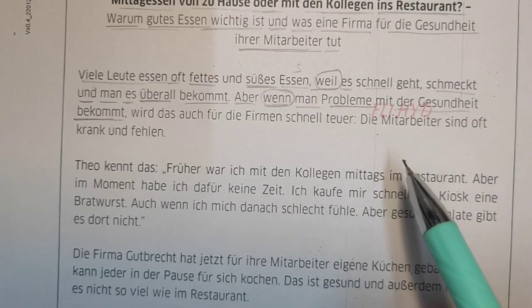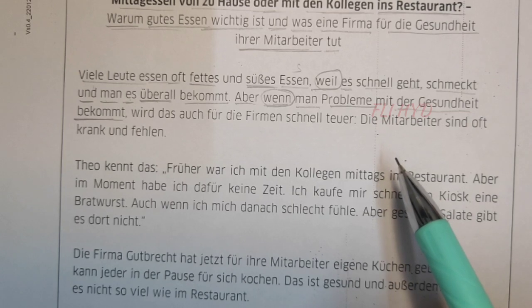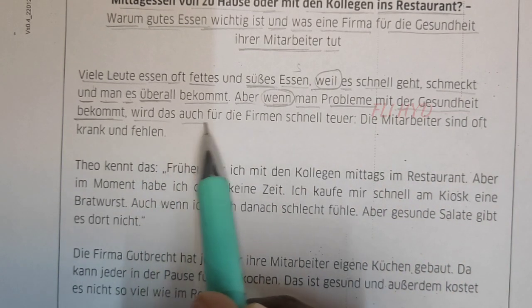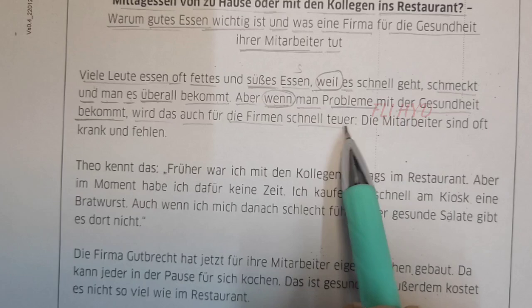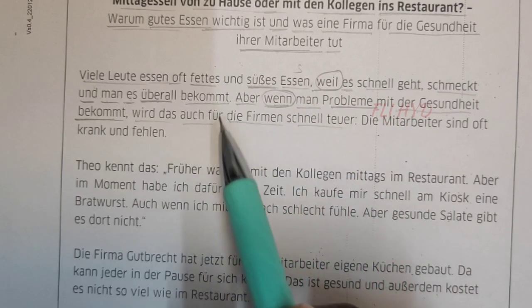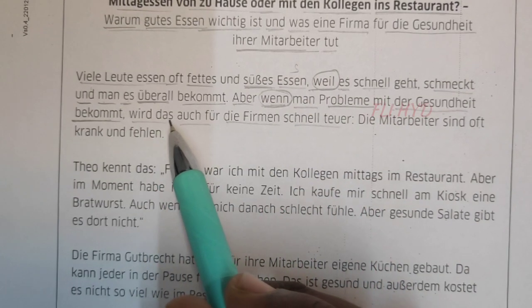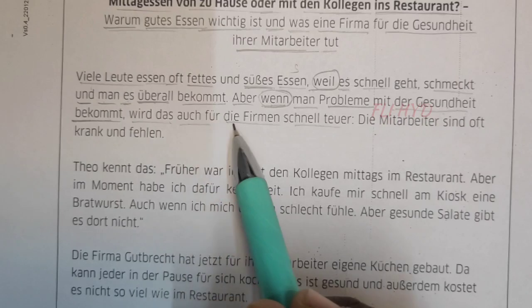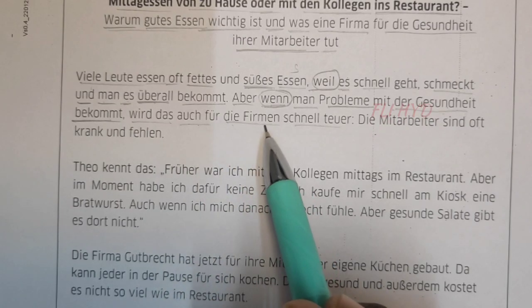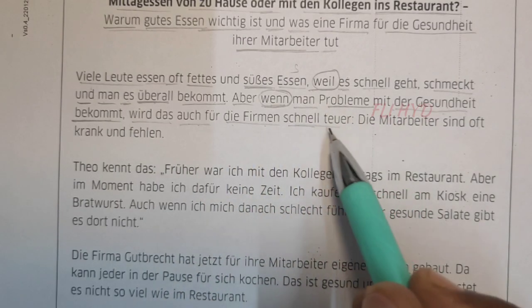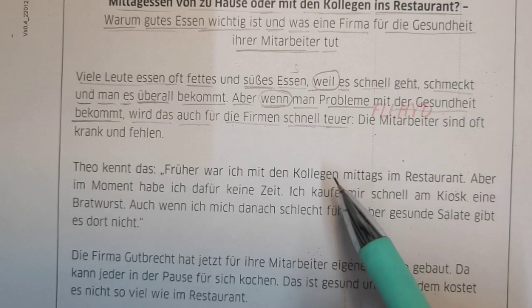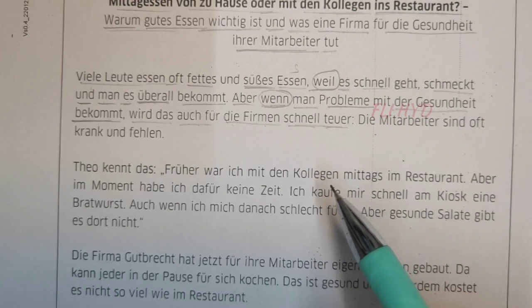So if one gets problems with the health, wird das auch für die Firmen schnell teuer. Okay, wird, becomes, das, that, auch für die Firmen, also for the companies, schnell, fast, teuer, expensive. So if an employee becomes sick, that is also expensive for the companies.